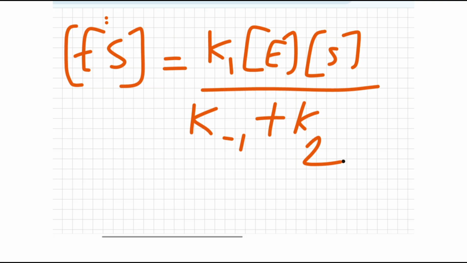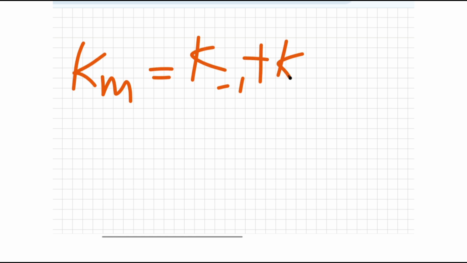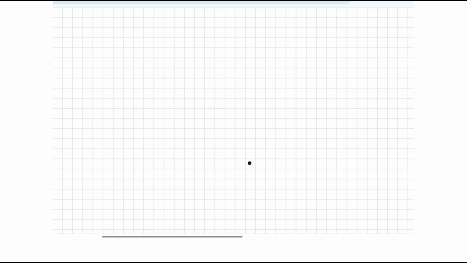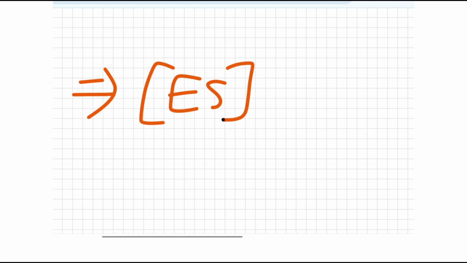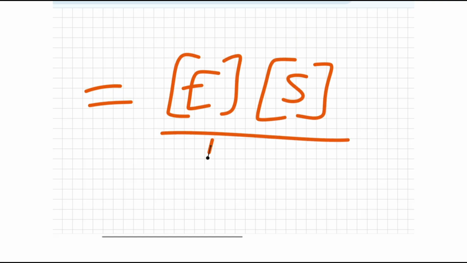Now let's define the Michaelis constant, Km. Km equals K minus 1 plus K2 upon K1, which further gives the enzyme-substrate complex as enzyme times substrate upon Km. So this is how we define the Michaelis constant Km.